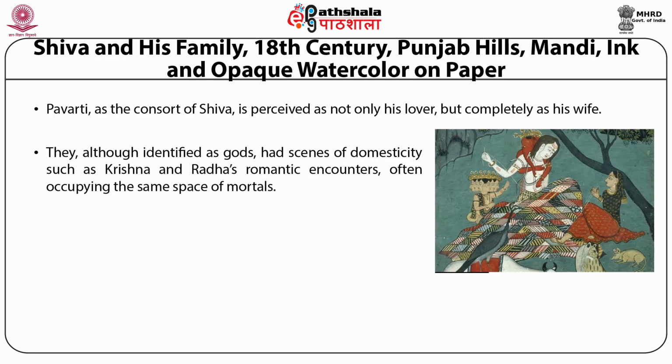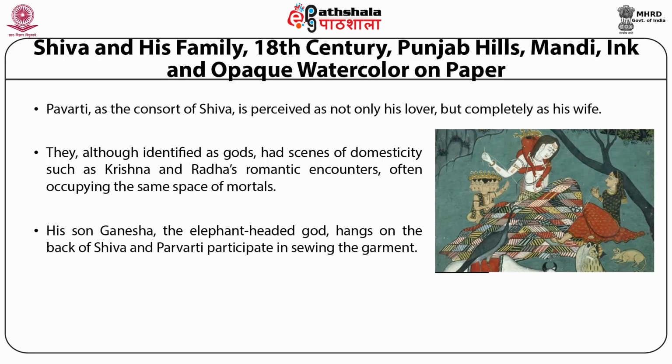They, although identified as gods, had scenes of domesticity, such as Krishna and Radha's romantic encounters, often occupying the same space as mortals. The Holy Family consists of Shiva and Parvati with their sons Ganesh and Kartikeya, Skanda. There is no spiritual connection to the garment Shiva sews, implying that it could purely be understood as a display of domesticity.